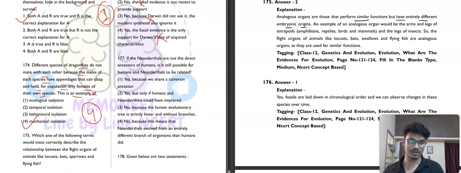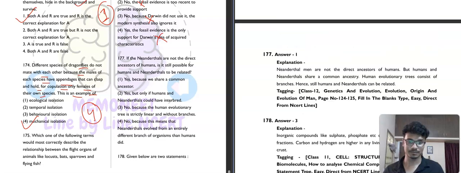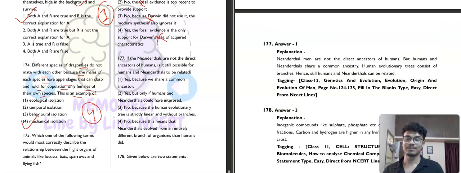Then question number 177. If the Neanderthals are not a direct ancestor of humans, is it still possible for humans and Neanderthals to be related? Yes, because we share a common ancestor. Yes, but only if humans and Neanderthals could have interbred. No, because the human evolutionary tree is strictly linear and without branches.